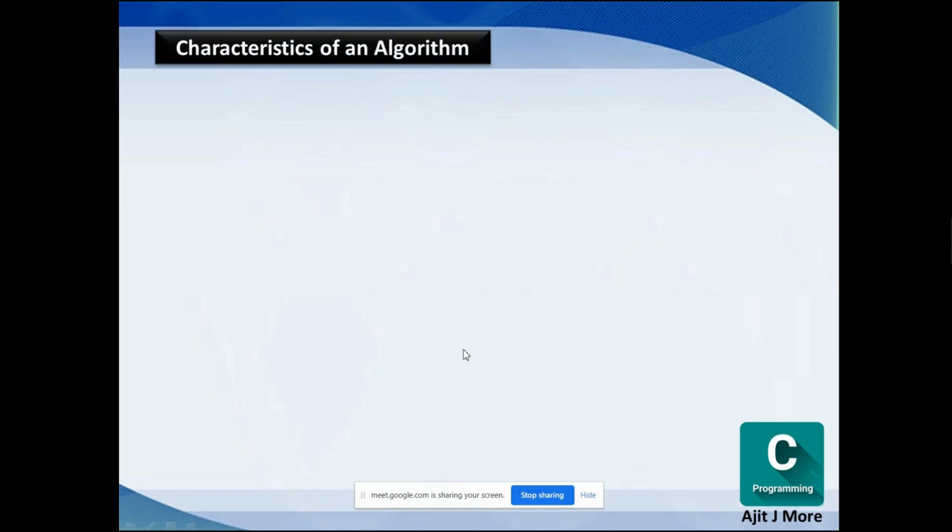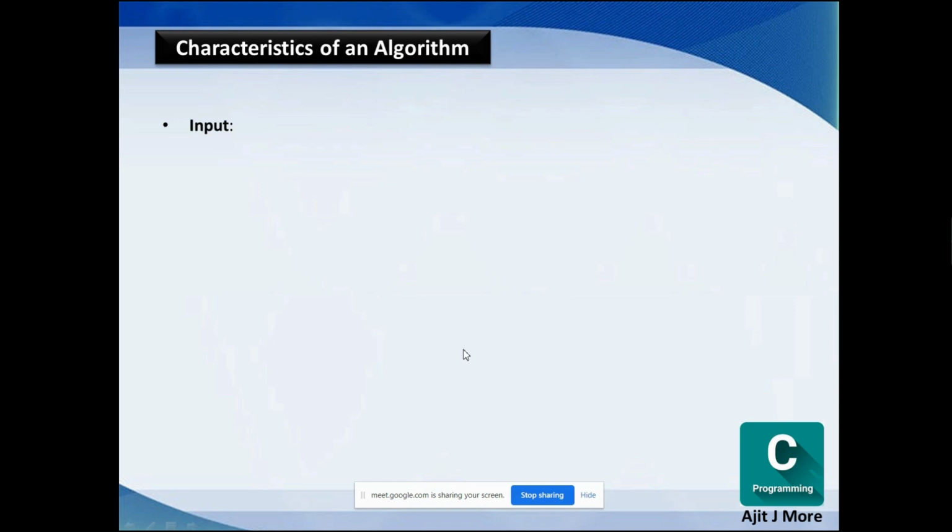So what are the good characteristics or properties of an algorithm? The first one is input. I'll tell you all this and later I'm going to come back and ask you all these characteristics again.